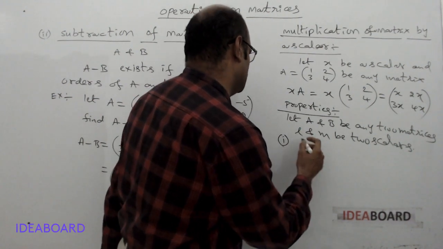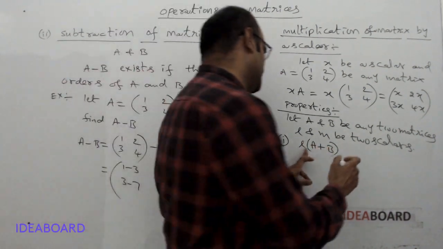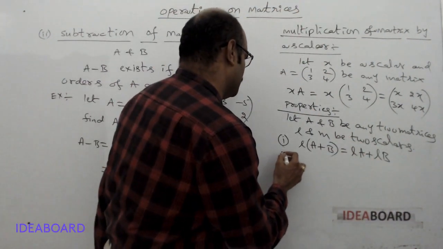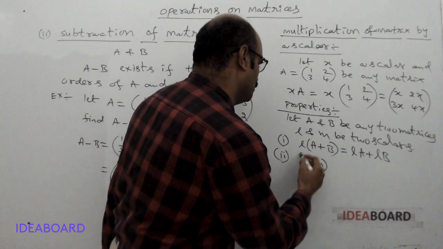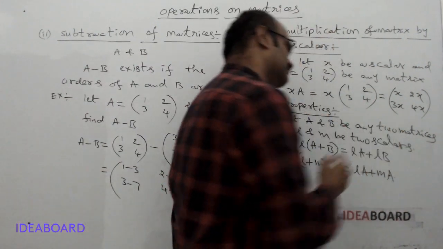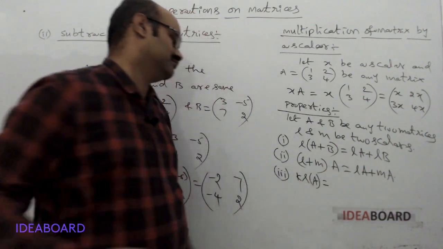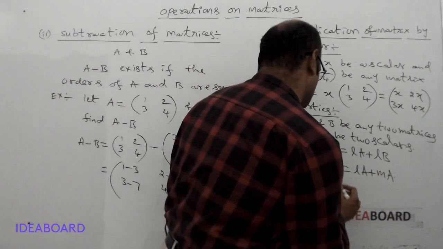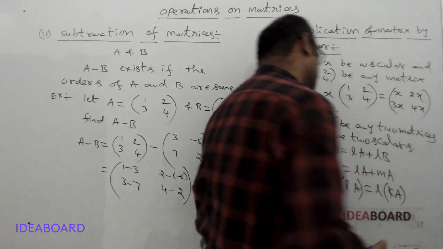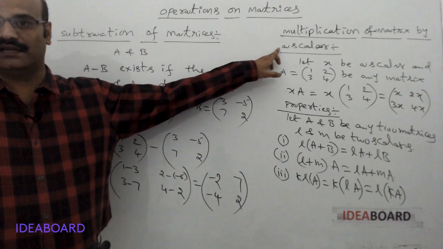Property 1, L into A plus B is always equal to L into A plus L into B. Second one, L plus M into A is always equal to L into A plus M into A. Third one, KL into A equal to K into LA equal to L into K into A. These are the properties of the multiplication of a matrix by a scalar.